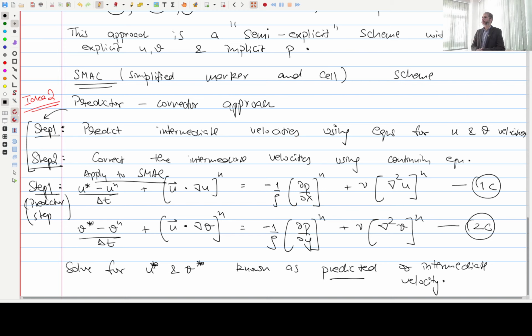I could have called it 1A and 2A, but to keep things simple in the order, I will call it 1C and 2C because I have a star here, not n plus 1. There's a difference. Now this can be solved because at the nth time, all it needs is the velocities and pressure at the nth time to get u star and v star. So this can easily be solved.